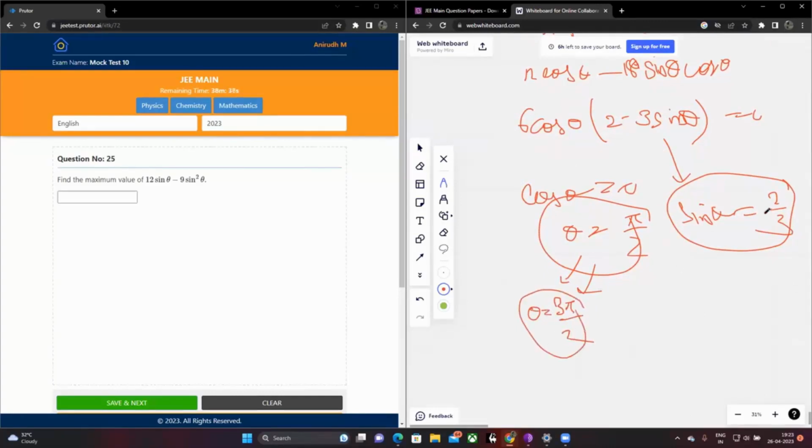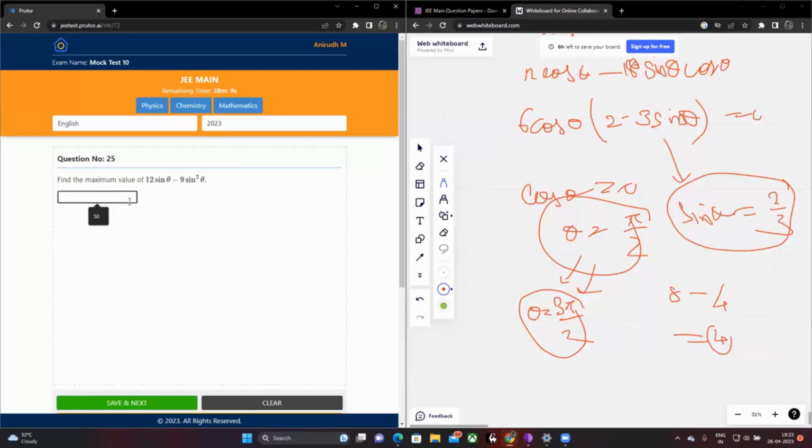If sin theta is 2 by 3, this is 12 into 2 by 3, that is 8, minus 9 into 4 by 9, that is 4. This is 4, right? And if sin theta is minus 1, this is basically minus 12 minus 9, that is minus 21.